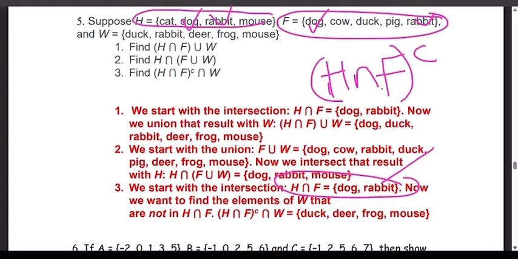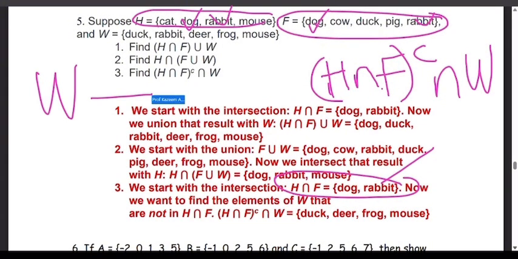That was why I said we need to find the complement between that and W. Which means that guy is trying to say W minus H and F. That is what we mean.